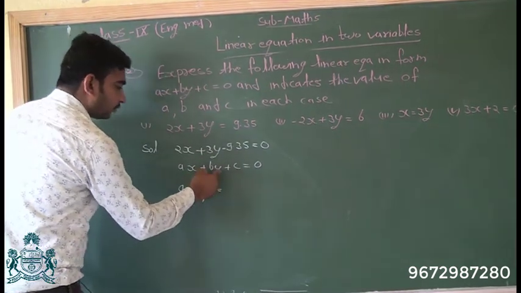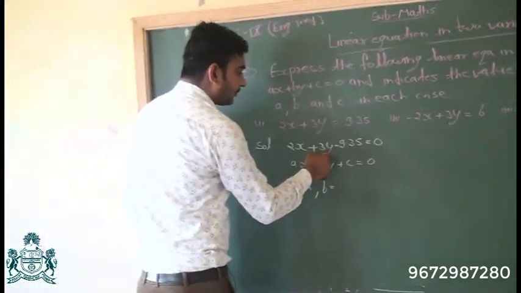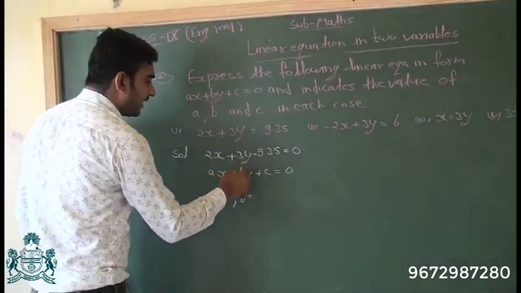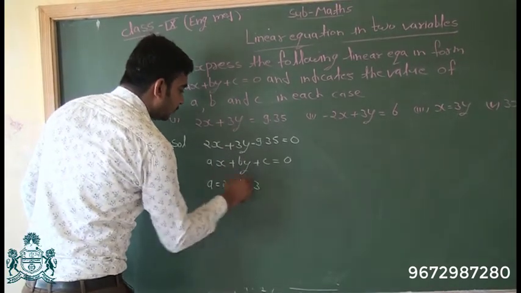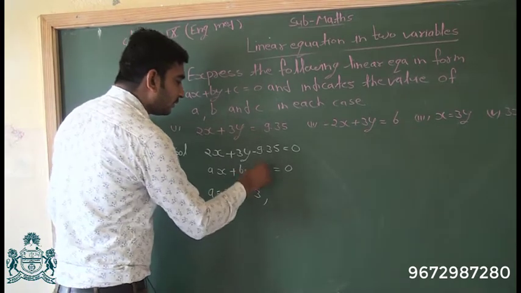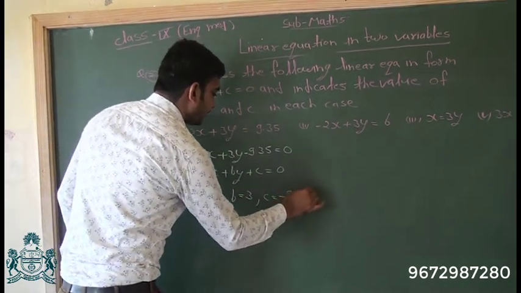The coefficient of y is b, and in the given equation the coefficient of y is 3, so b equal to 3. And c is the constant number, so the value of c is minus 9.35.